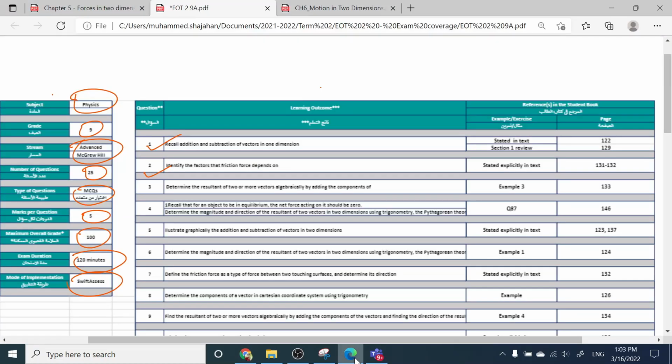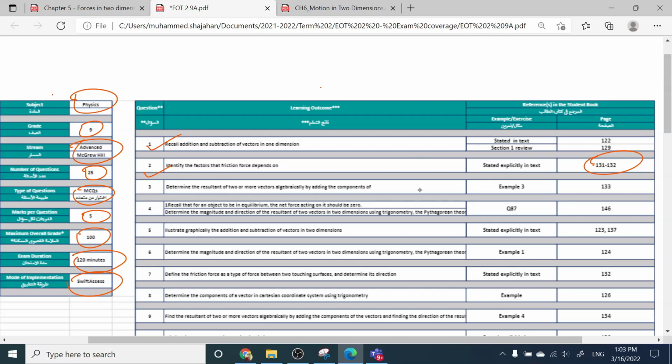Now I will go to the third question. Now we have discussed this question number 1 and question number 2. And to get more information about the question 2, you need to read page number 131 and 132 of your textbook. And now determine the resultant of two or more vectors algebraically by adding components.